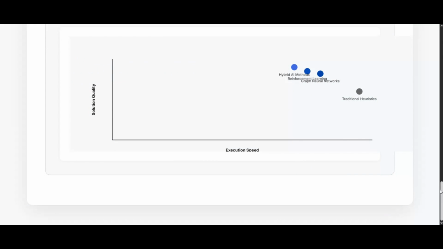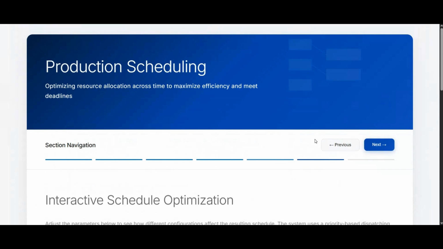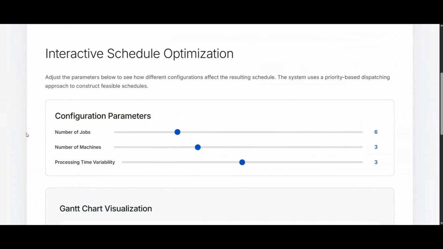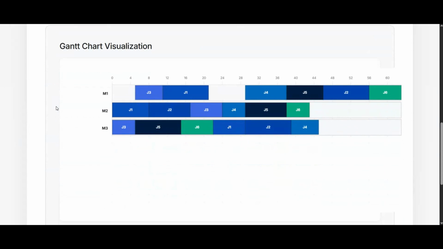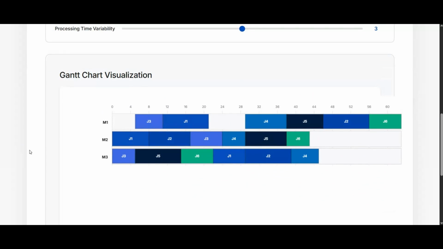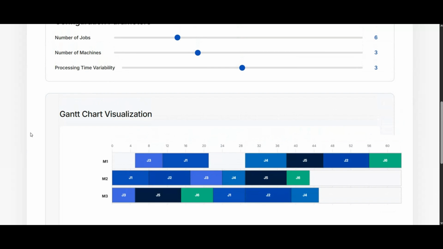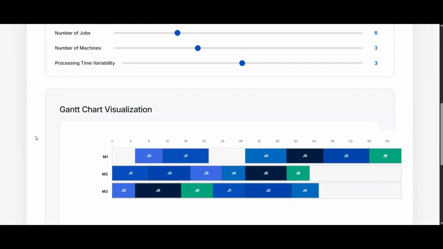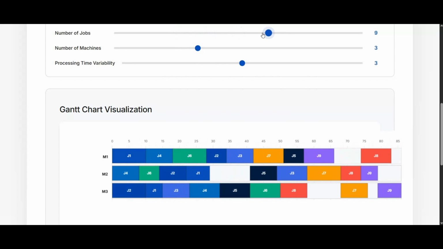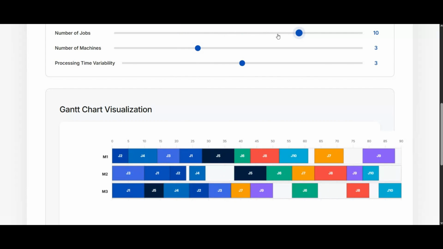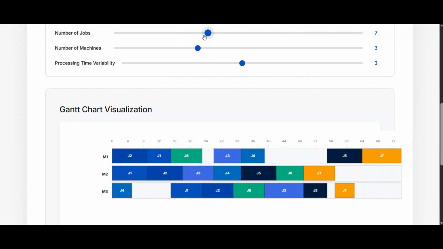Yes, that page is done. Let's continue. Now, there is nothing actually, just interactive parts. Here, you can see the Gantt chart visualization, and let's change our parameters. Number of jobs now 6 and 7, 8, 9, 10. Everything is changing.